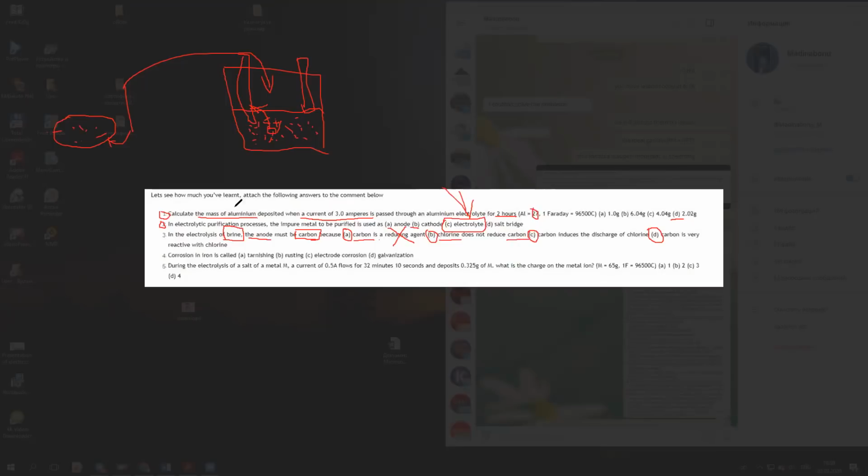I think brine is the name of another substance. Chlorine. So carbon is very reactive with the chlorine, and the carbon induces the discharge of the chlorine.